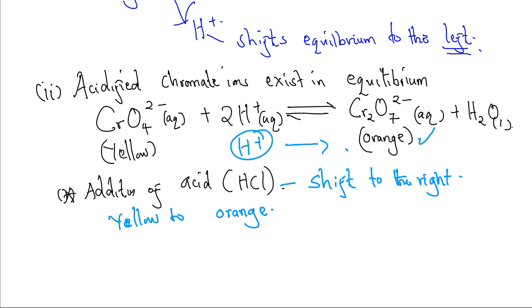This is because the hydrogen ions added will bring more hydrogen to react with the chromate ion to form more of the dichromate ion. And that is why the equilibrium shifts to the right, favoring what we call the forward reaction.